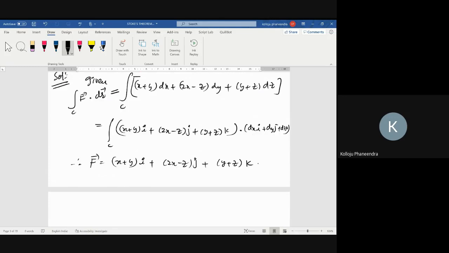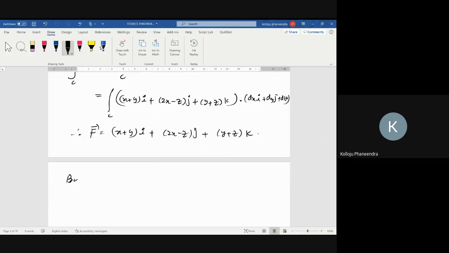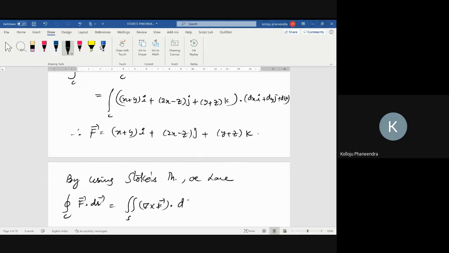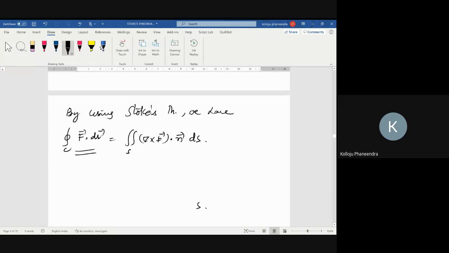By using Stokes theorem, you have to write the statement: circulation over C. All these are circulation. Even though it is not stated, the curve C is a closed one. Integral of f bar dot dr bar equals double integral over S of del cross f bar dot n bar ds. Already this is given in the problem.